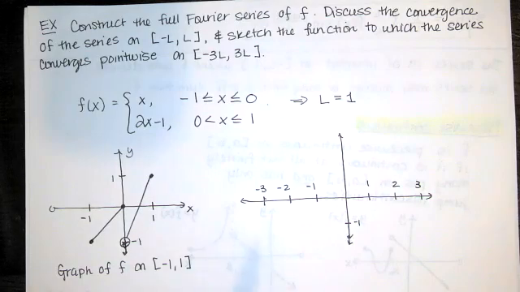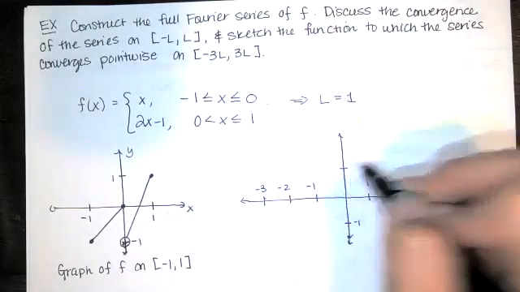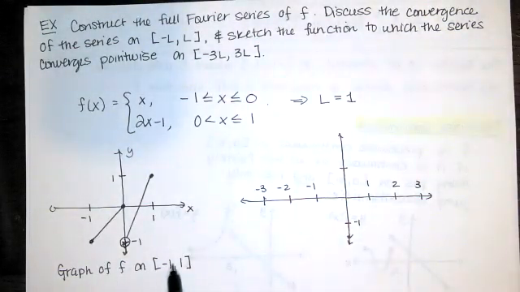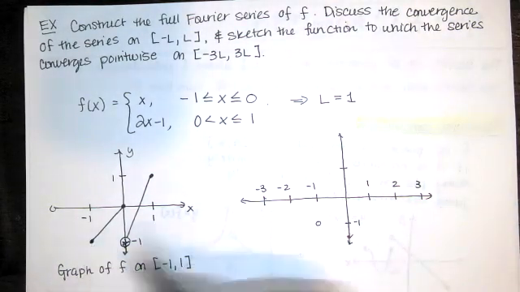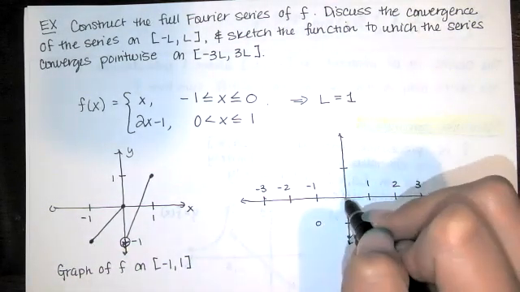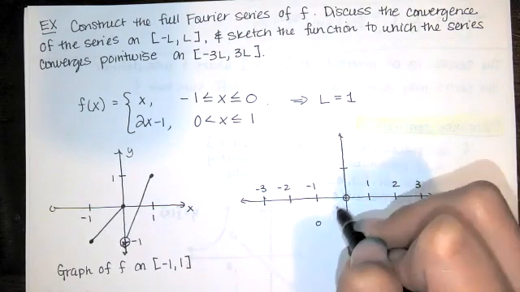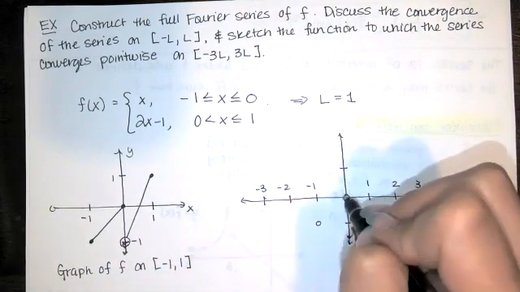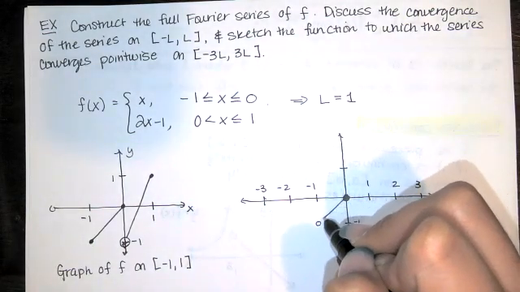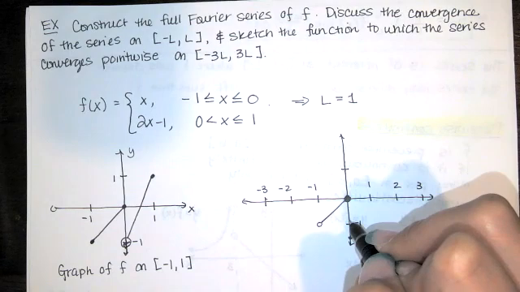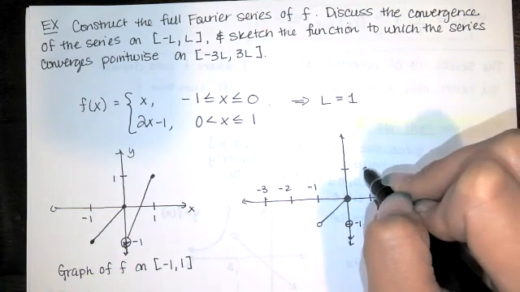Now remember, when you're constructing that periodic extension, we always look at this interval from -L to L, but we don't include that left endpoint. So instead of a closed circle there, I'll use an open circle at -1, -1. Oops, and actually there's an equal sign there, so that will be colored in. And then I've got an open circle here and a closed circle there.